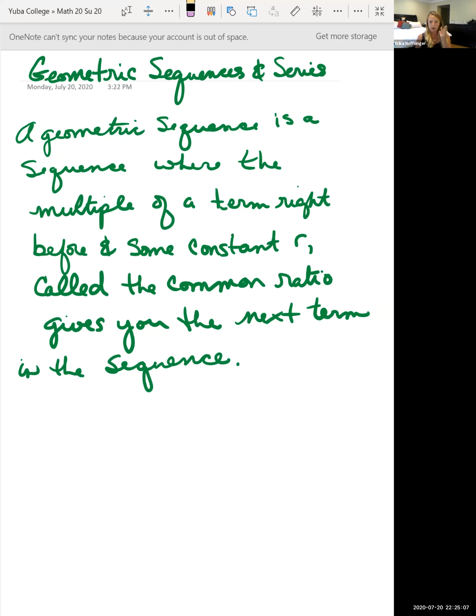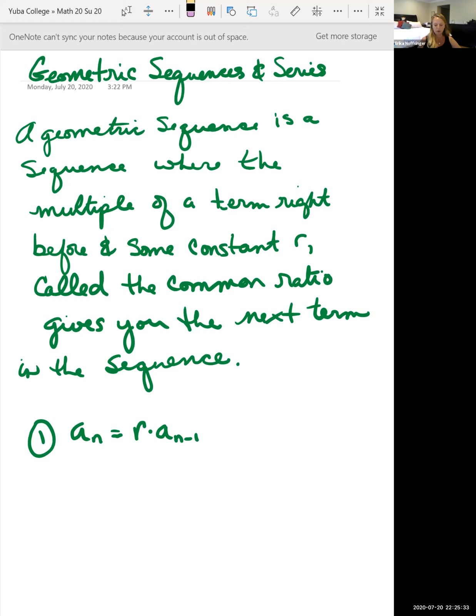Okay, so there are 3 important formulas, and these 3 formulas are going to help you in this section and in solving problems. Basically what this says is if I'm going to get some term a sub n, and it's a geometric sequence, then I can take some multiple, some R, times the term right before it, a sub n minus 1.